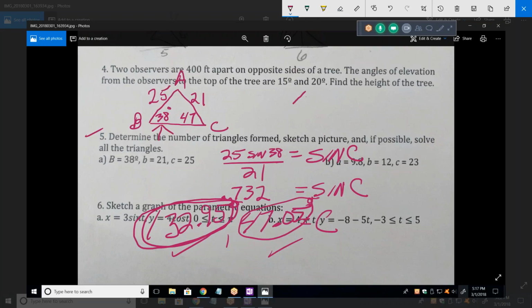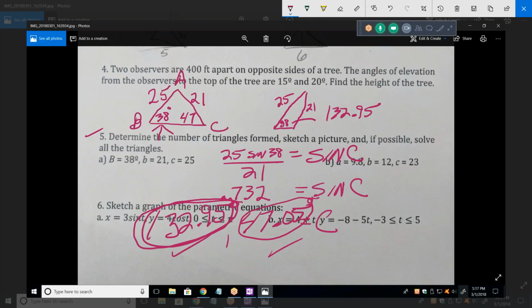Here's what we're looking at. There's your 25. There's your 38. Only in this second diagram, that angle is 132.95. This side is still 21.